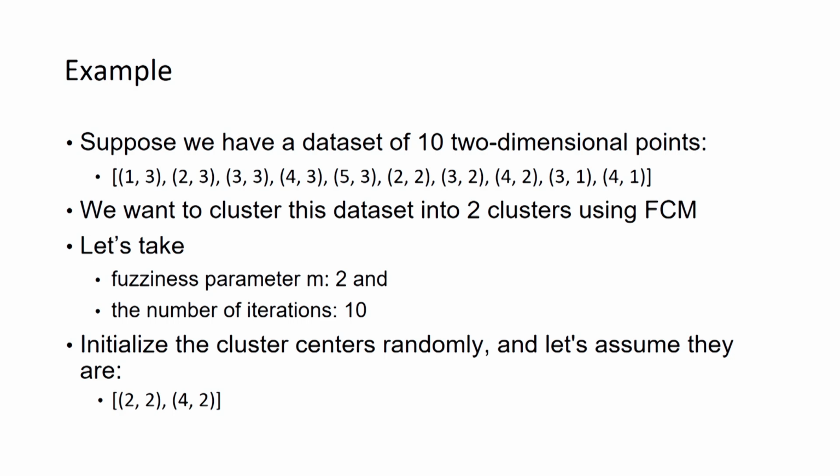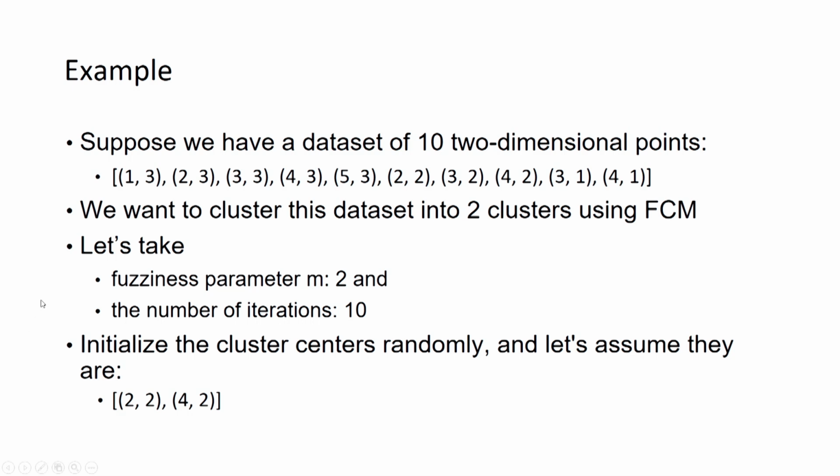In this example, suppose we have 10 data points, and your data set is a 2-dimensional data set. These are the 10 data points in your data set, and we want to cluster this data set into 2 clusters using the fuzzy C-means clustering algorithm.